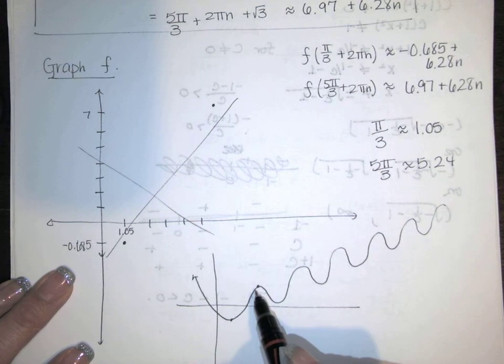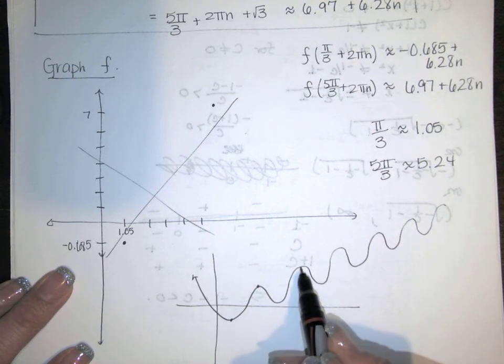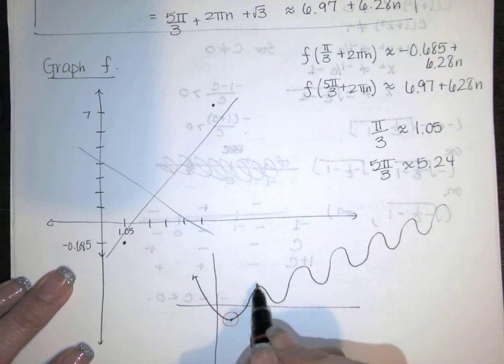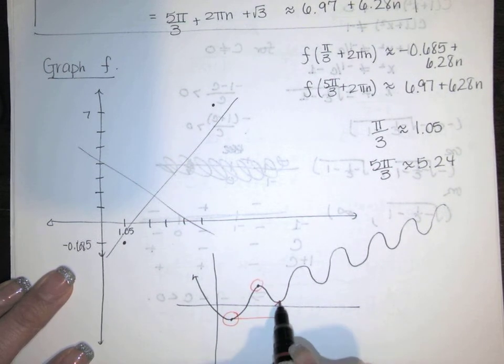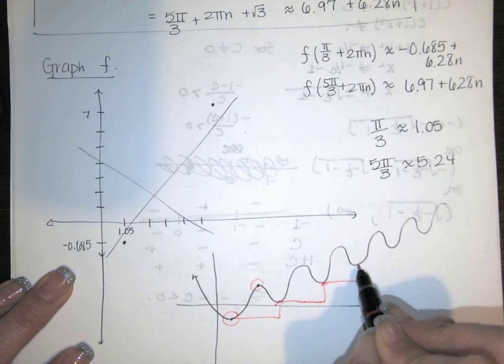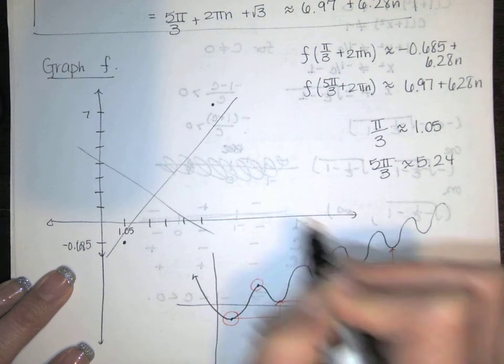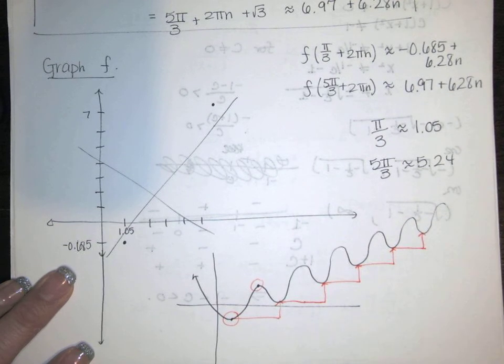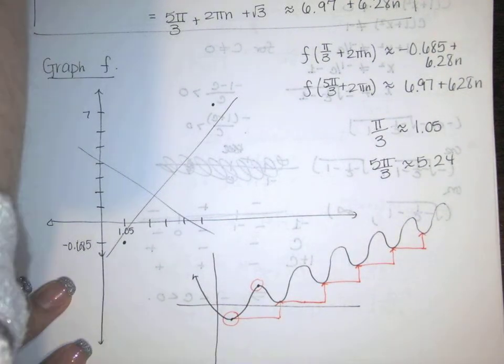And the same thing is happening with this. I add 6.28 to the x, and then I add 6.28 to the y. So that initial min becomes this family of mins. And of course my graph is not to scale. I was trying to draw it to scale over here, but it was going to take a really long time. And that precision wasn't really going to help us. It was more the idea that we were interested in.